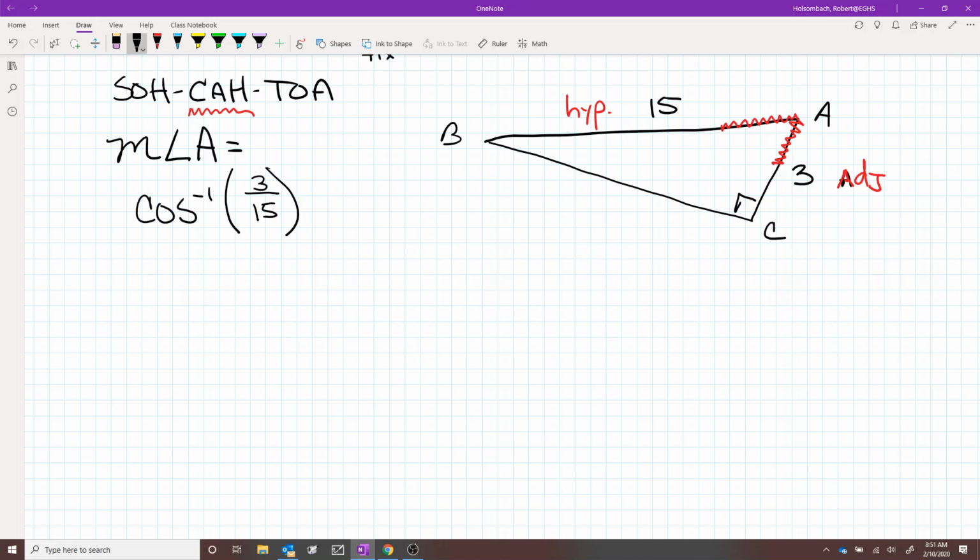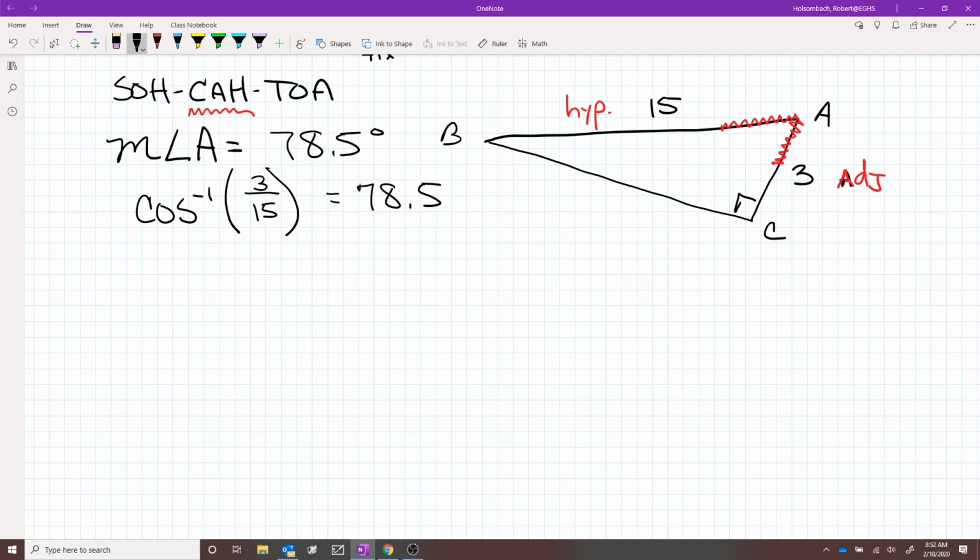With second fix 1, I got 78.5. So the measure of angle A equals 78.5 degrees. Everybody okay with that? Anybody confused or need to see another one?